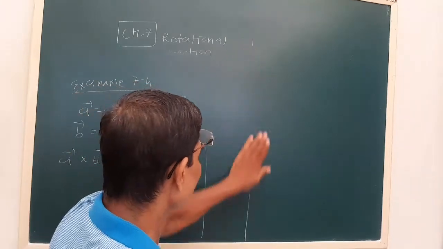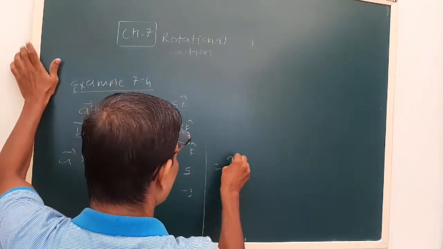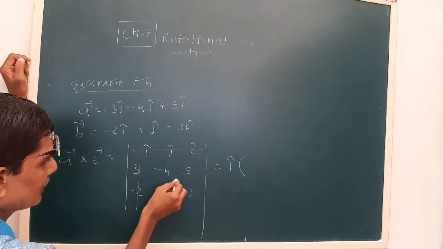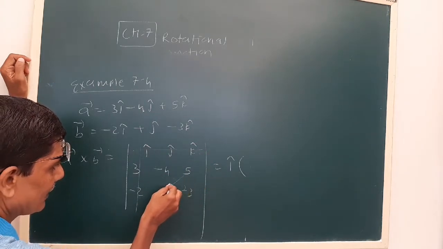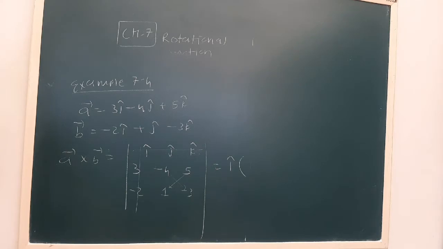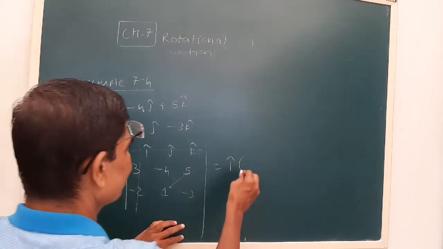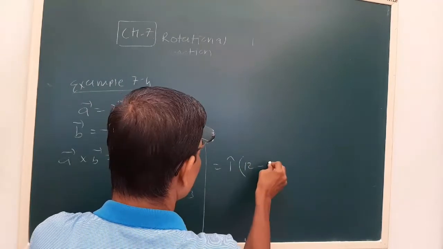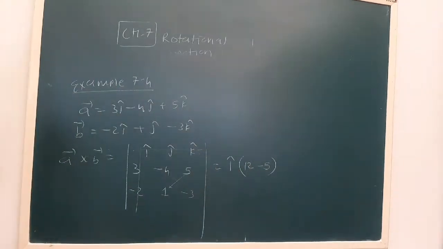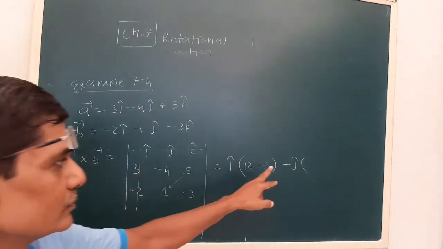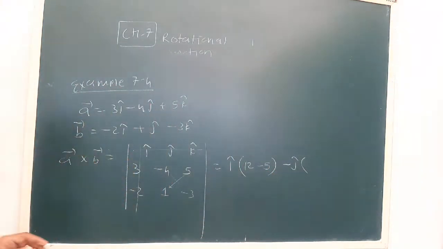Now, to simplify this for i caret, right diagonal minus left diagonal. Minus 4 into minus 3 is 12, 5 into 1 is 5. Now to continue the process we have taken a minus j, so the work becomes easy.